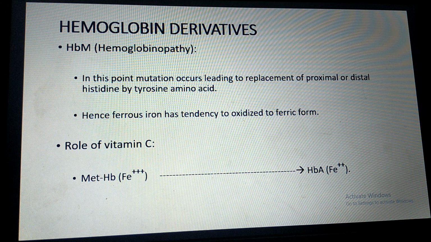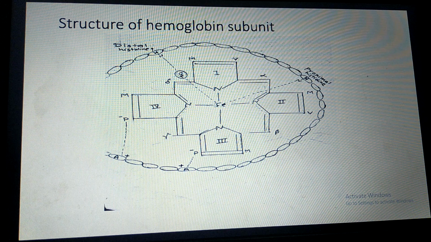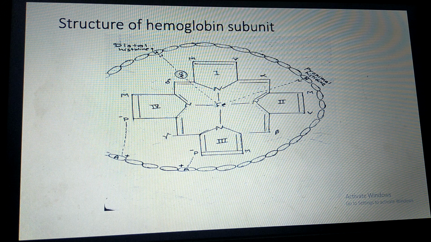To understand this, you should know the structure of hemoglobin. Just in short, we will revise the structure of hemoglobin. In the center part, you are seeing the heme, and peripherally it is lined by globin chain. Now see the attachment of iron. First, iron is attached to the 4 pyrrole rings' nitrogen atoms.